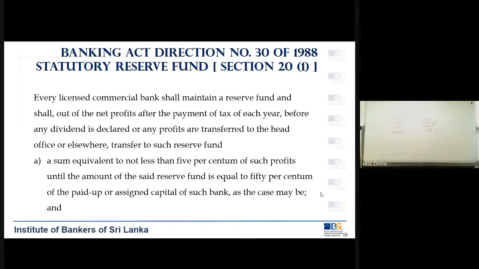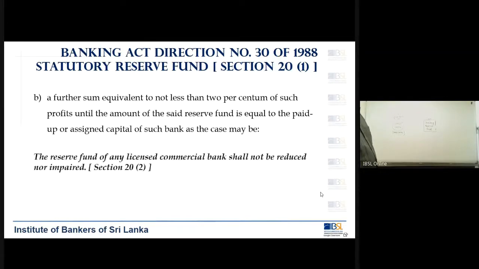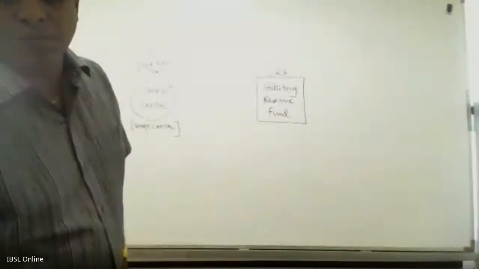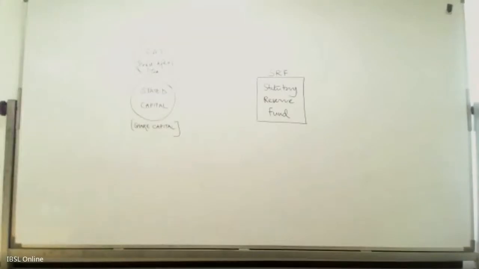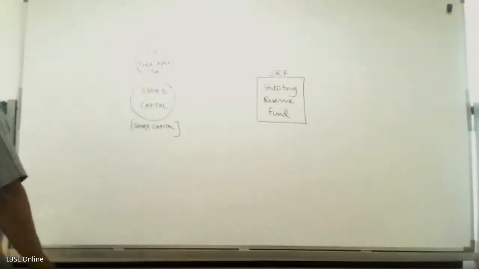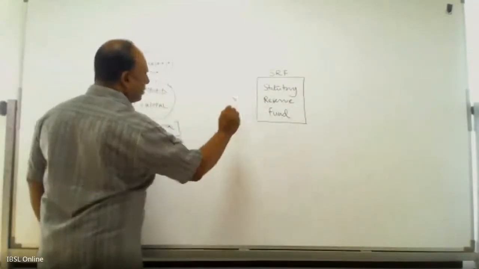So I hope you can see the board now. Right. Now what do they say? You have a stated capital which is known as the share capital of the bank, and now they are talking about a profit after tax, and they are also talking about a statutory reserve fund.